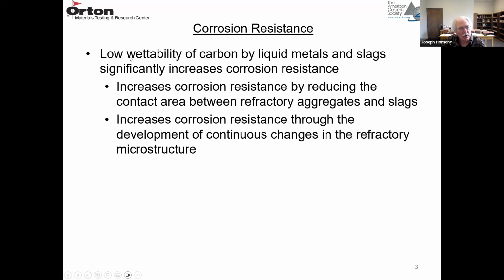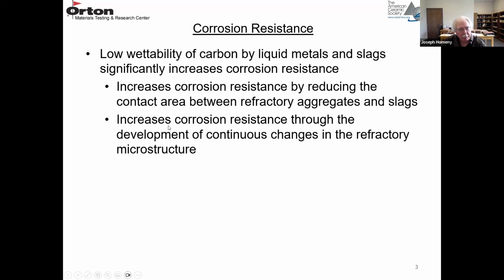So the low wettability of carbon by various liquids, liquid metals, liquid slags, glasses, that really increases the corrosion resistance. And the corrosion resistance is increased because you reduce the contact area between the refractory aggregates and the slags.